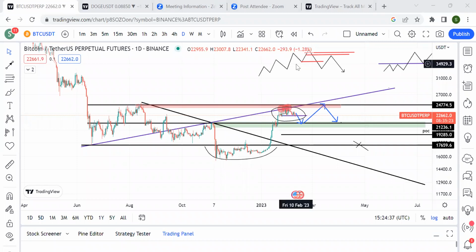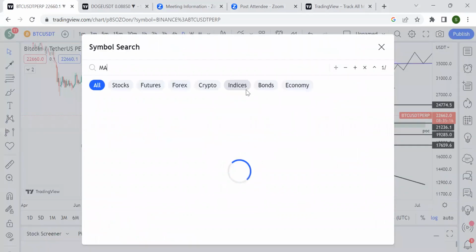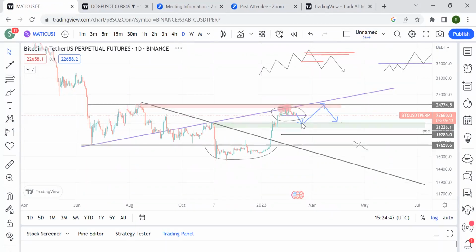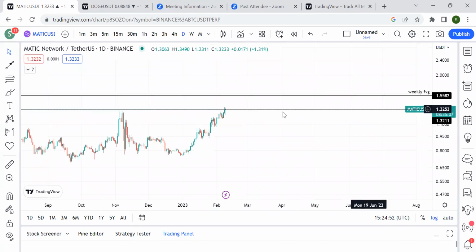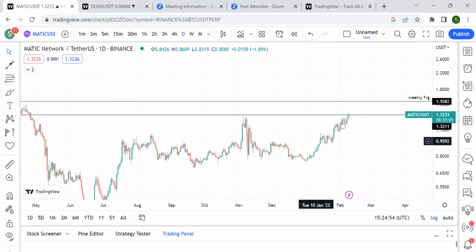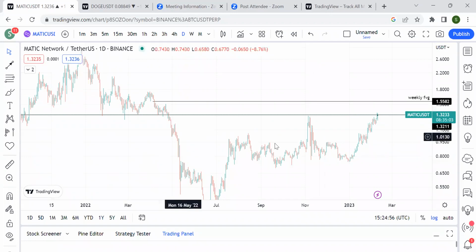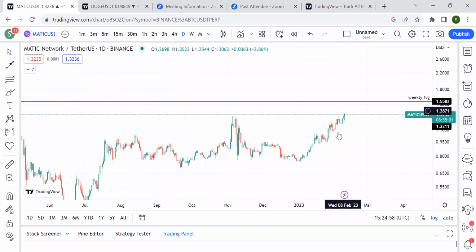Matic. My first level is tapped here. The weekly FVG is placed above, so maybe it will fill that FVG.